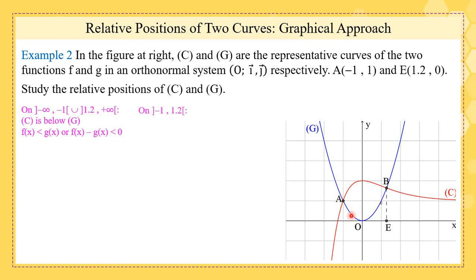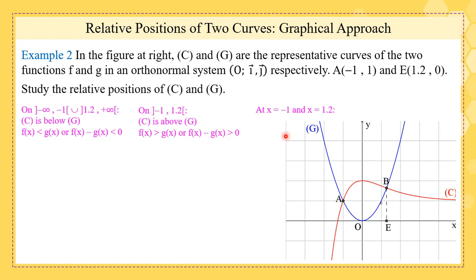On the interval minus 1, 1.2, we can see from here that the red curve is above the blue curve. So C is above G, so f of x is greater than g of x, or f of x minus g of x is greater than 0.